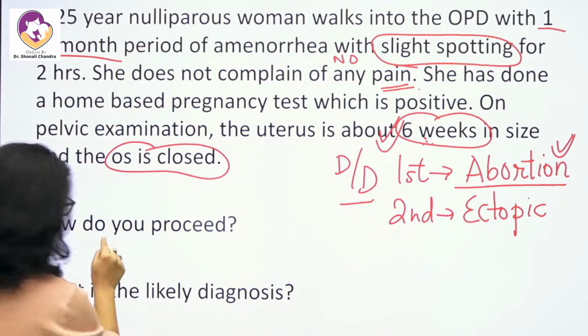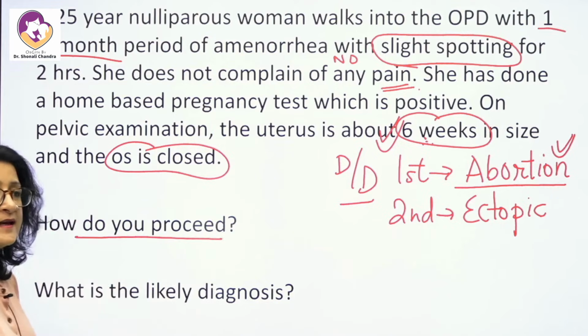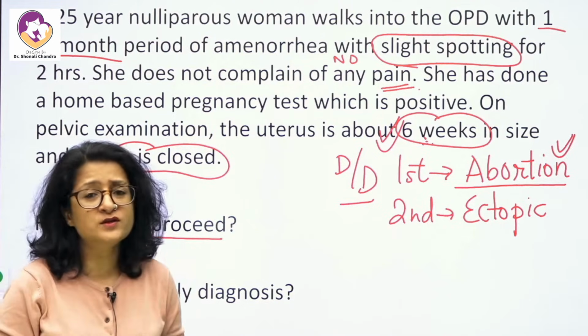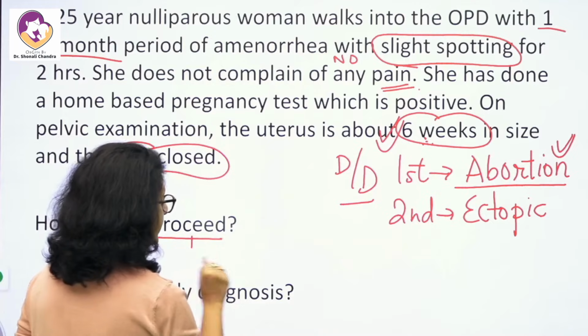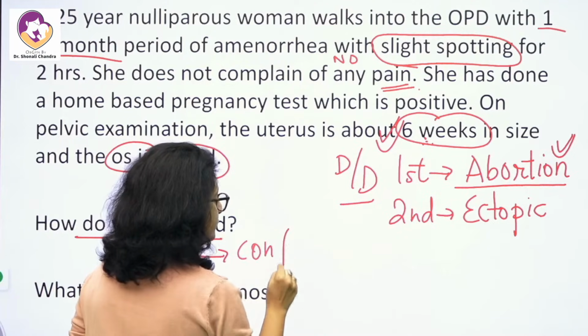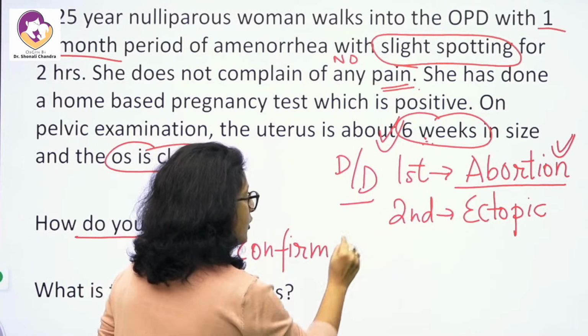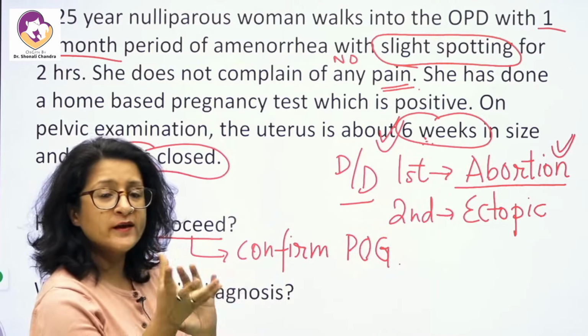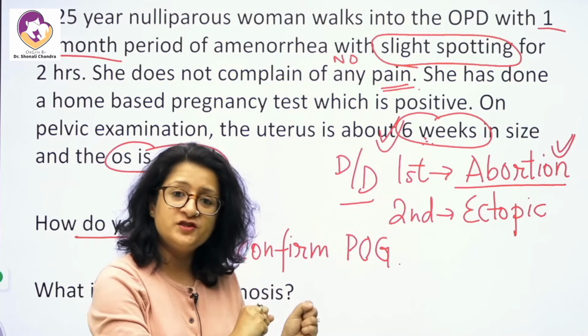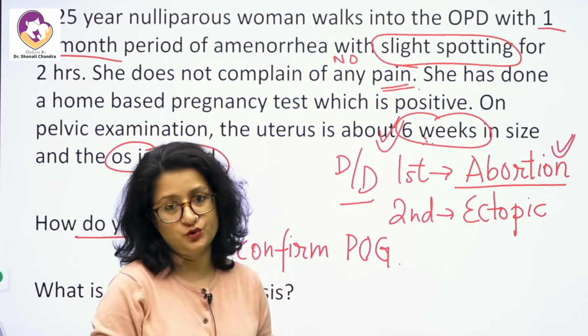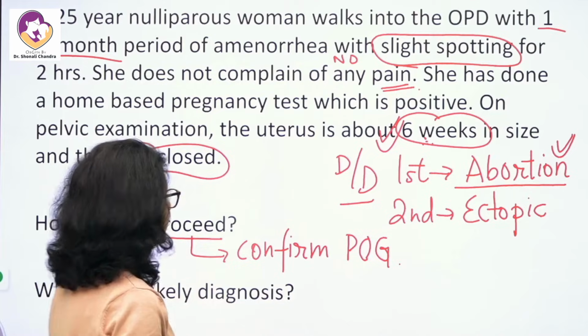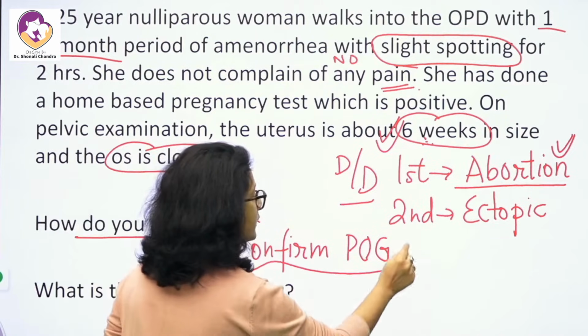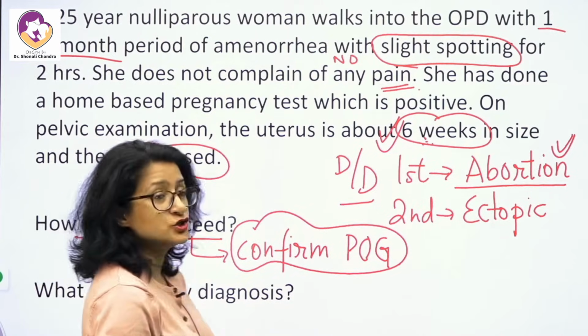So how do we proceed? Basically, the first and foremost important thing that you should be doing is to confirm the period of gestation, because that is our basis. We are going to correlate the period of gestation with the size of the uterus. So you all have to confirm the period of gestation first.